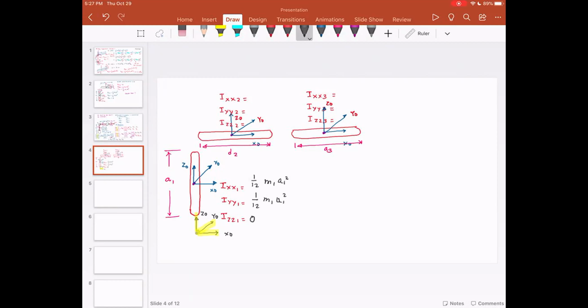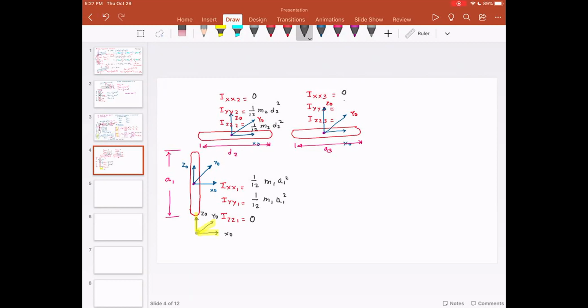Now here, this is X naught, so I get IXX as 0. I get 1 by 12 M2 D2 square, 1 by 12 M2 D2 square. Here I get the same thing.